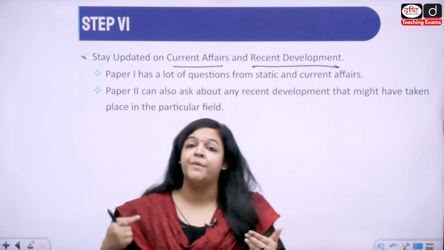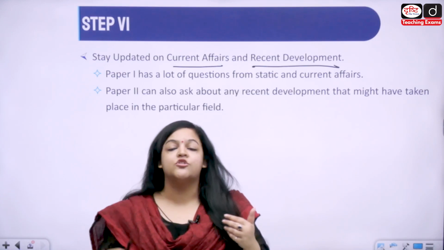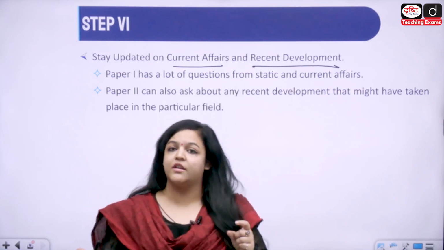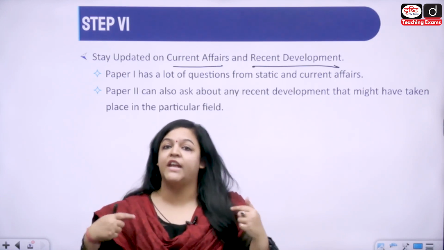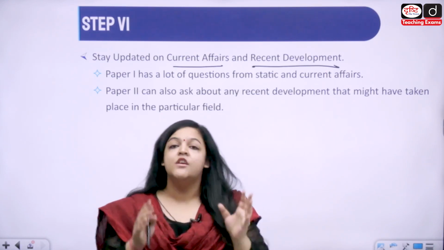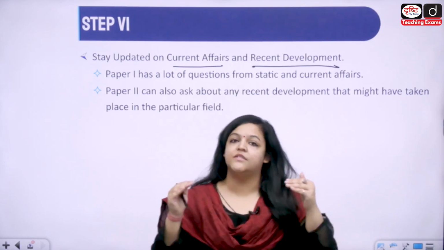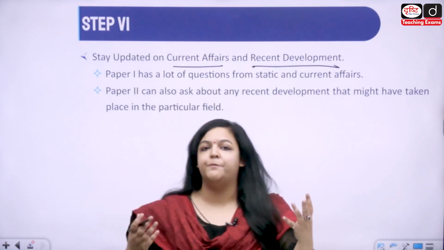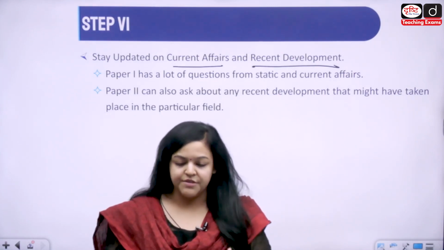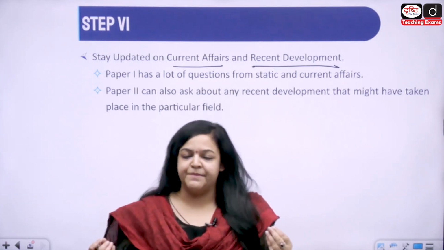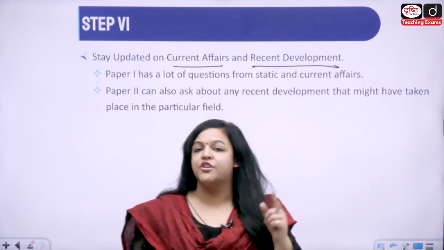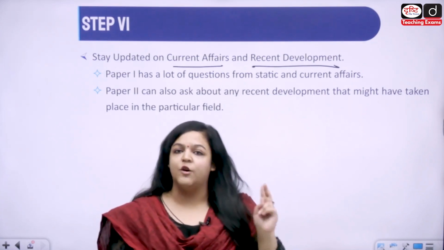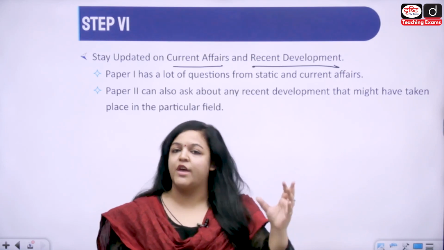So you should be aware about those things. You should be aware about the recent historical developments which have taken place, okay? So that will really help you in solving paper 1 and paper 2 as well. So these are the tips and tricks which you can use for solving paper 2 history.